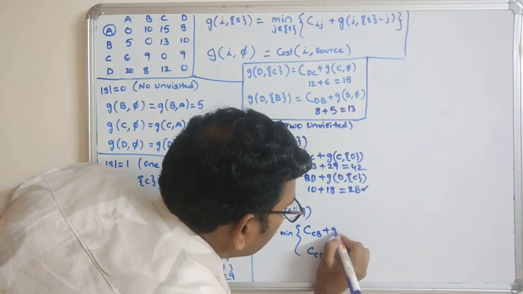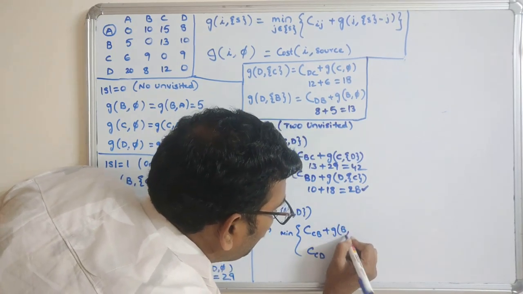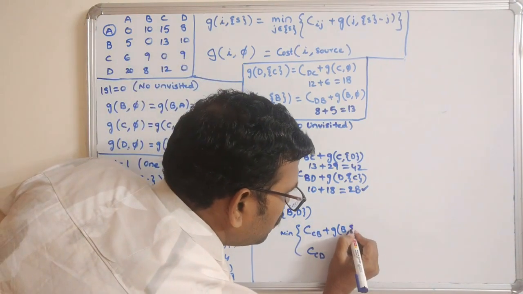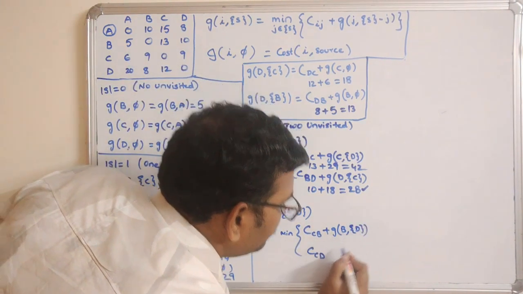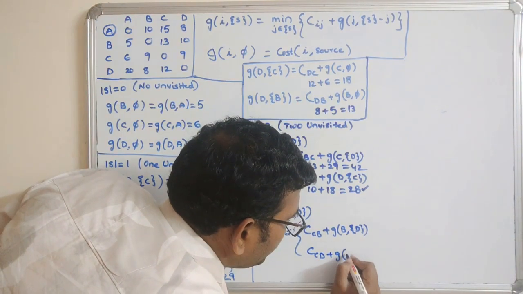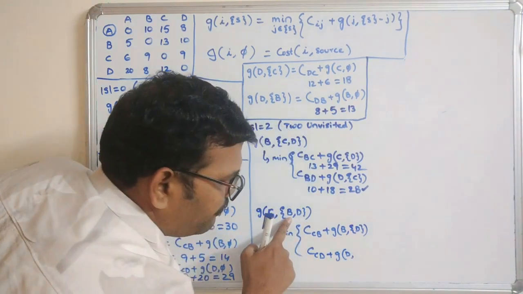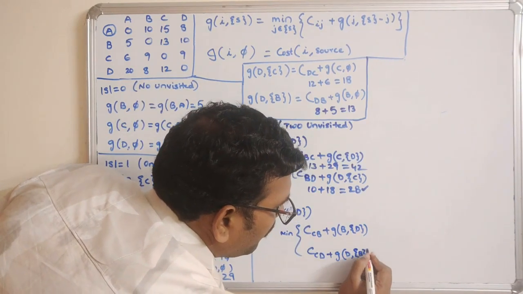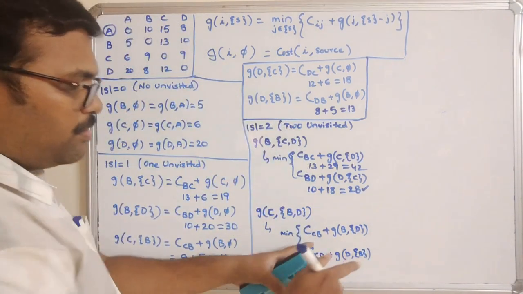Here the J value is B, so from the set we remove B, the remaining is D. And here it is D, from the set we remove D, so it will be B. What is the cost of CB?